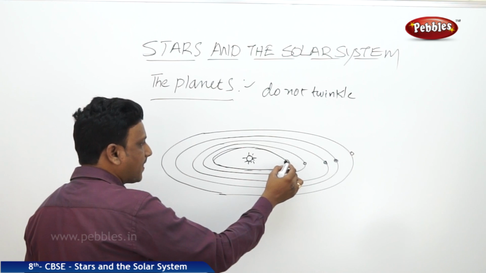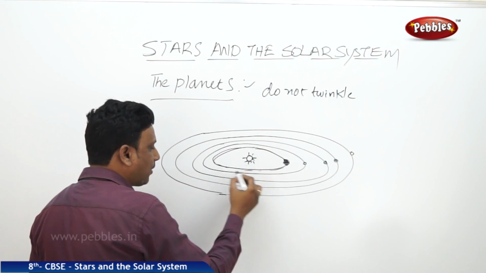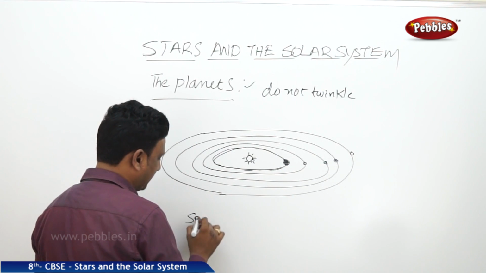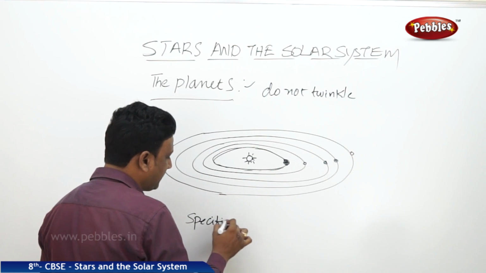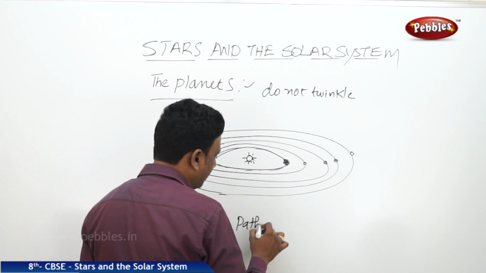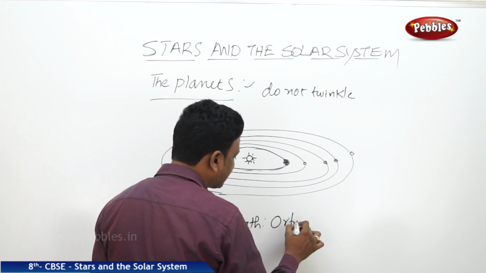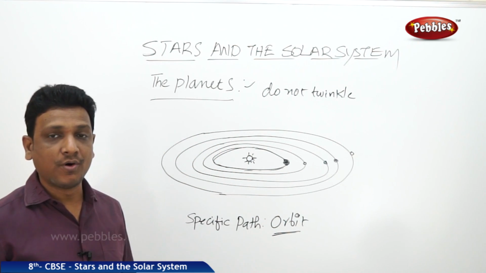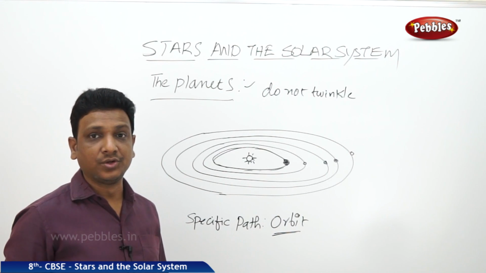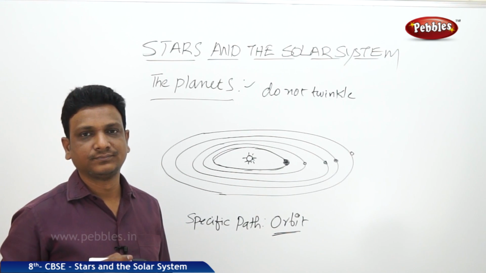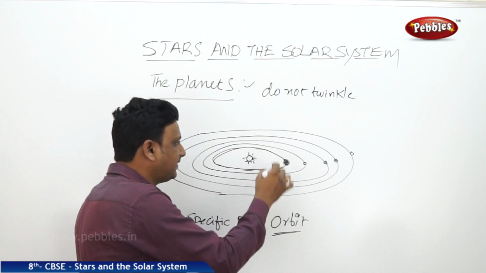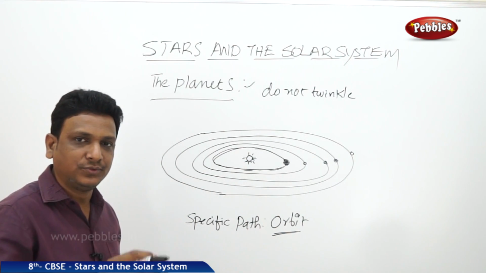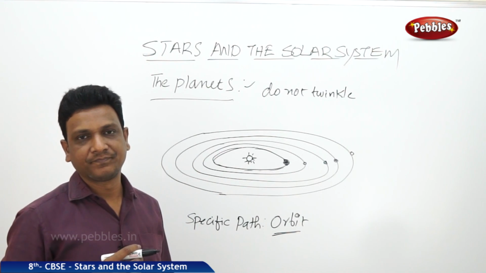So now, the planet is revolving around the sun in a specific path. This specific path is called an orbit. So each planet has its own orbit to revolve around the sun. Each planet will take a specific time to complete one revolution.